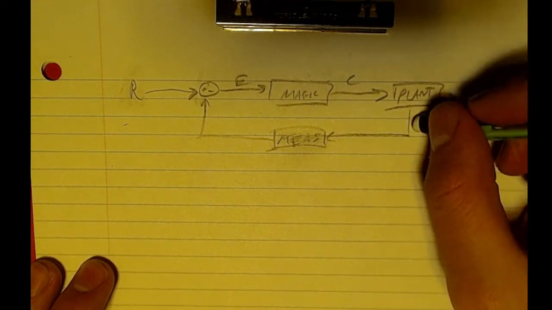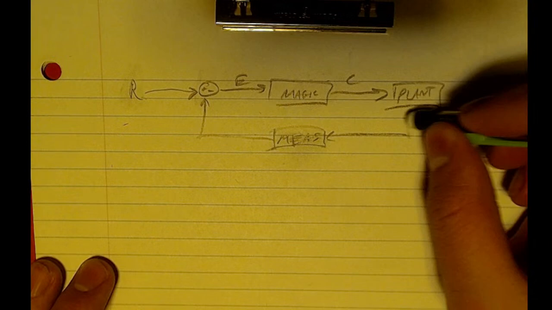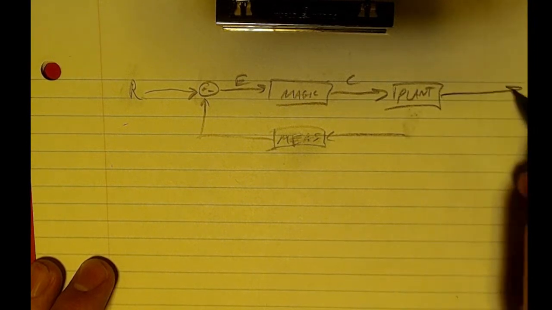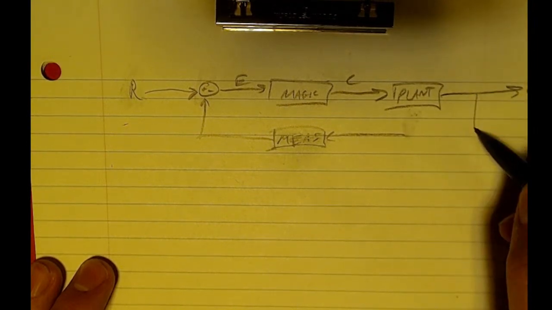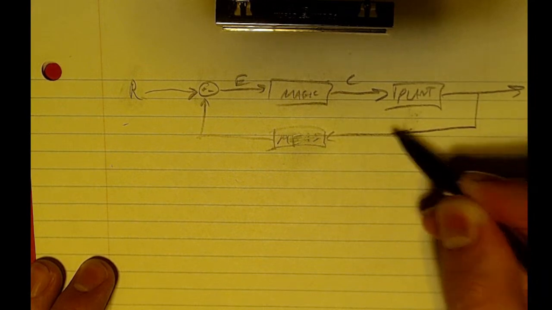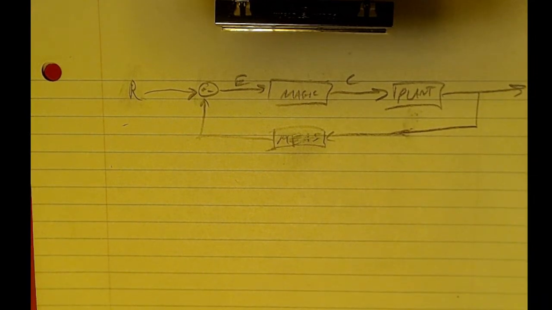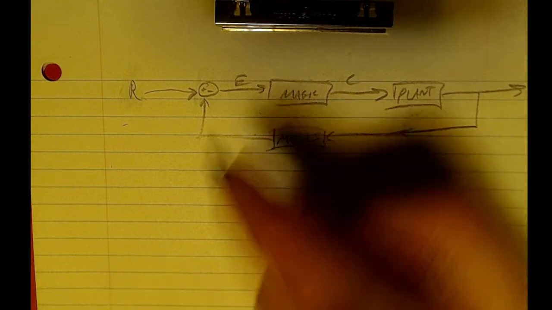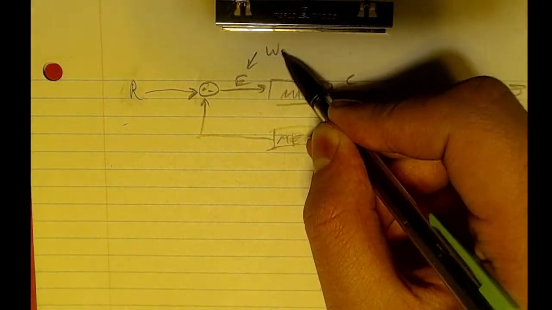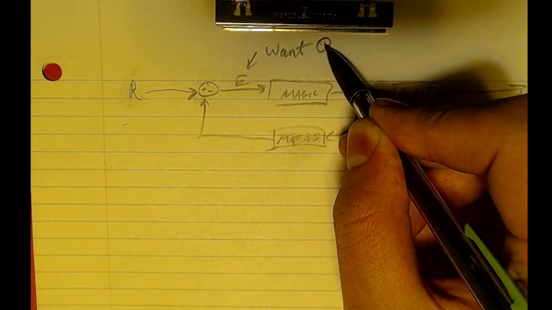Also, by the way, this doesn't go here. This is the output. That goes in there. Okay. Now, our goal is we want 0 here.